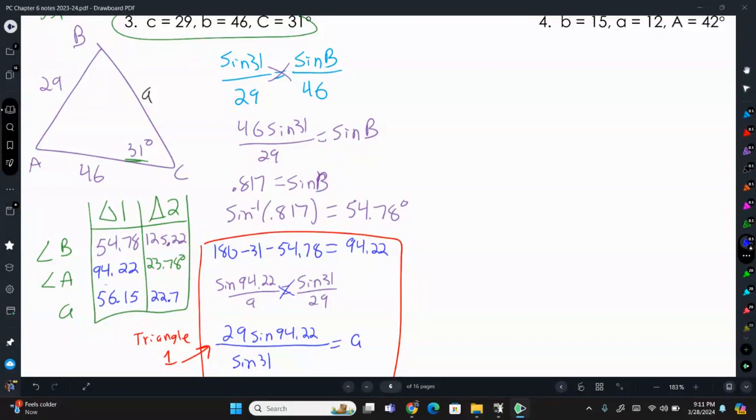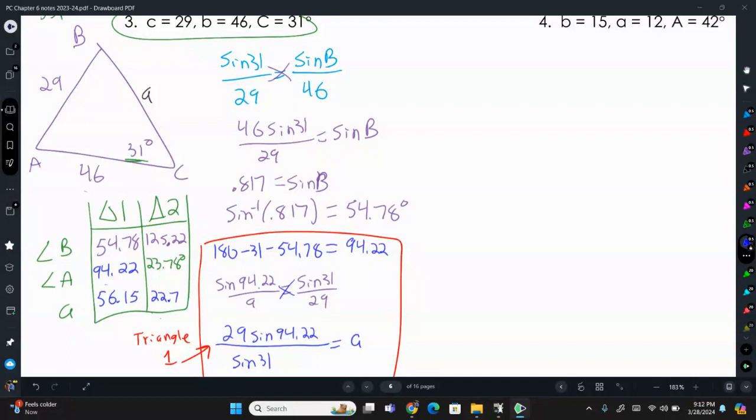It is. And then in triangle number 2, the largest side is side B at 46, which means angle B needs to be the largest, and it is. The smallest side is side A right here, 22.7, and the smallest angle is angle A at 23.78.